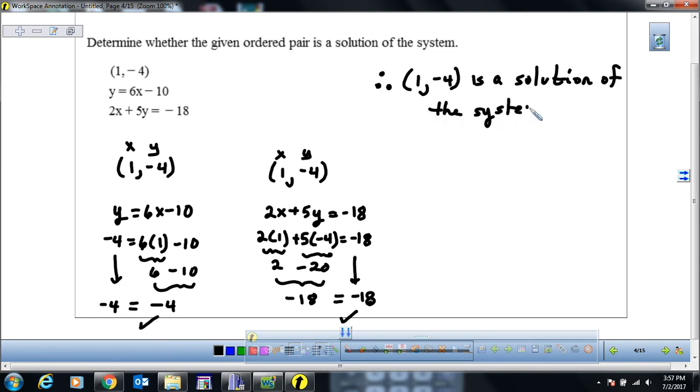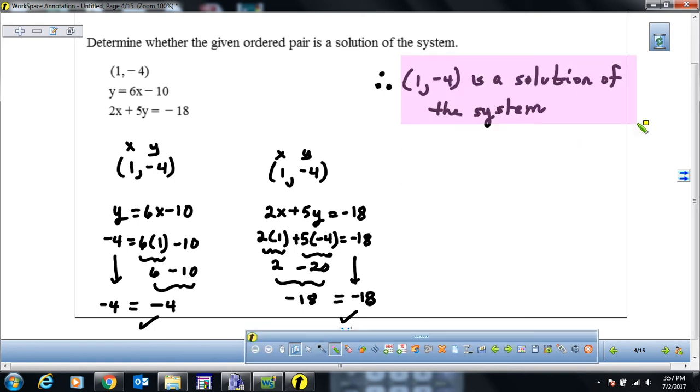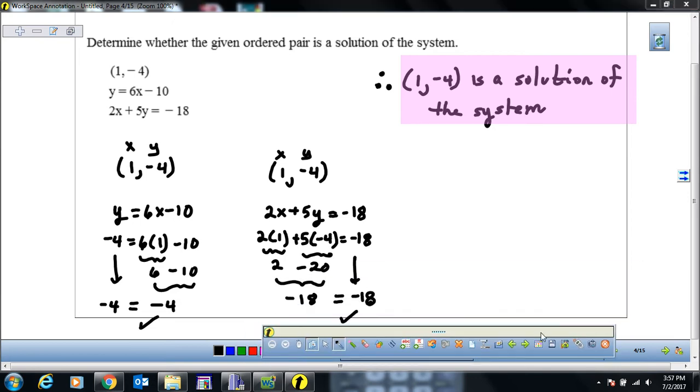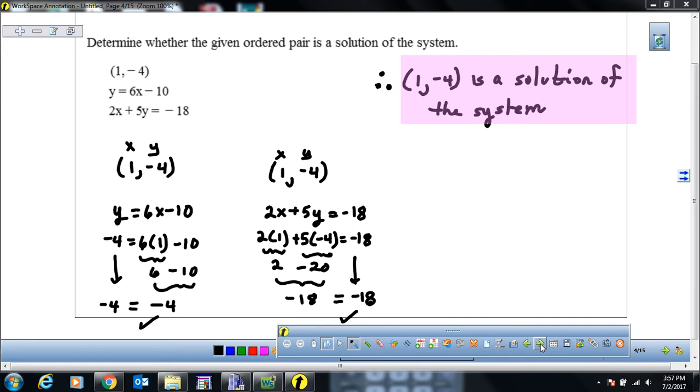It is a solution of the system because the system means that it is a solution to all the equations, in this case both of them. Okay? This is basically how we check a solution. Now, I'm going to show you two different methods, substitution and addition. Those are the ones we're going to use to actually find the solutions of systems of linear equations.